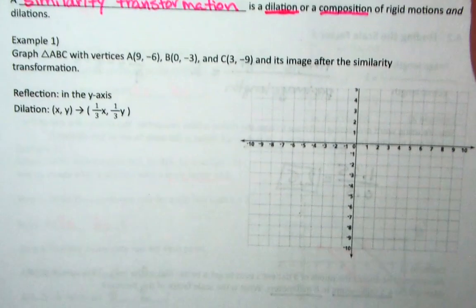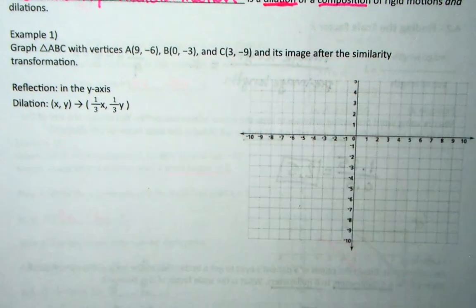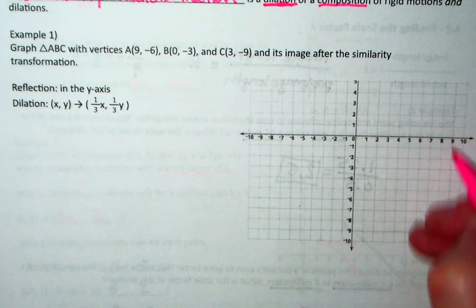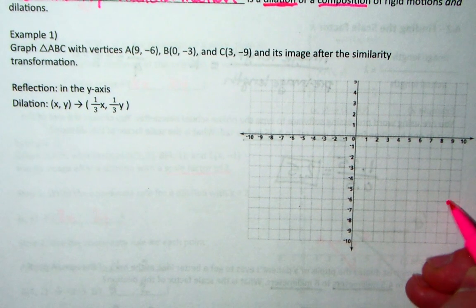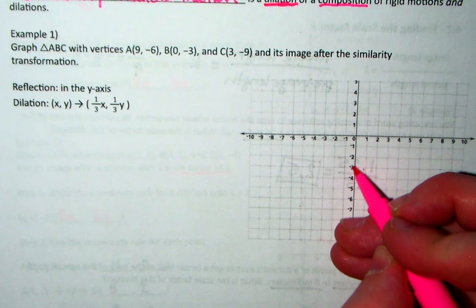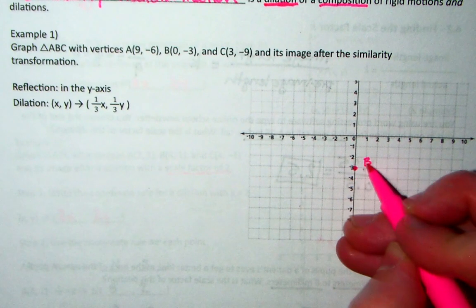All right, let's do an example down here. So triangle ABC has vertices at 9, -6. That's A. B is at 0, -3.